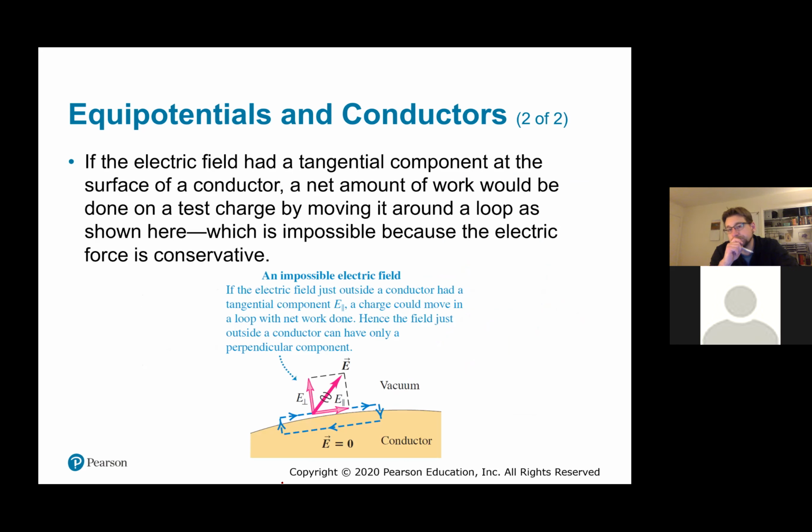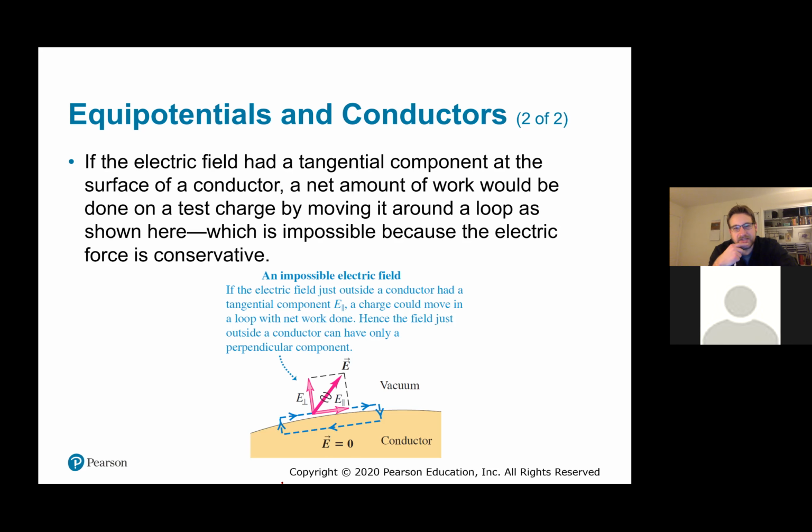Here is another proof, a better proof, a less arbitrary feeling proof that the electric field just at the surface of a conductor has to be perpendicular to that surface.